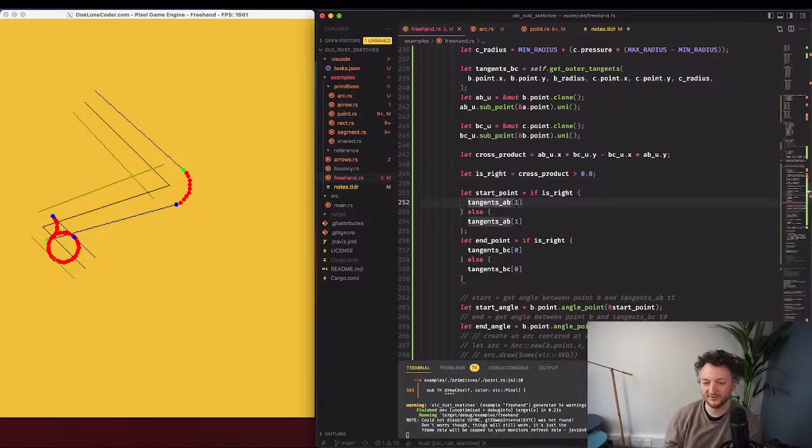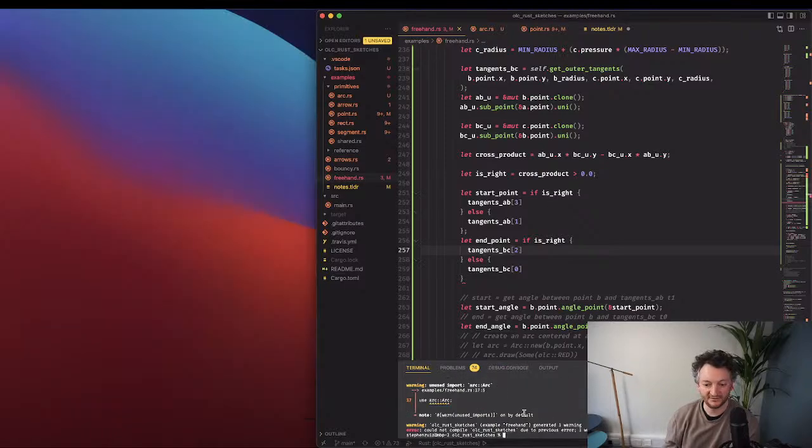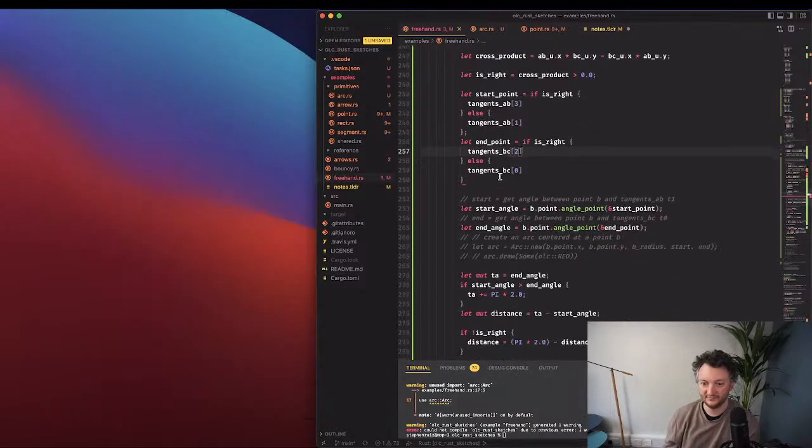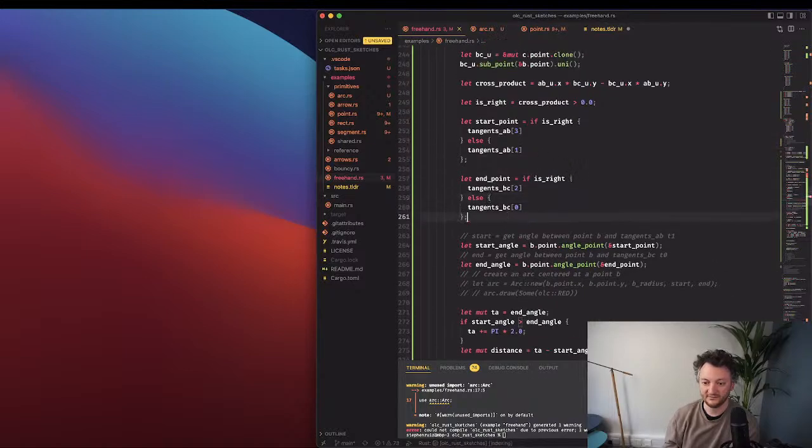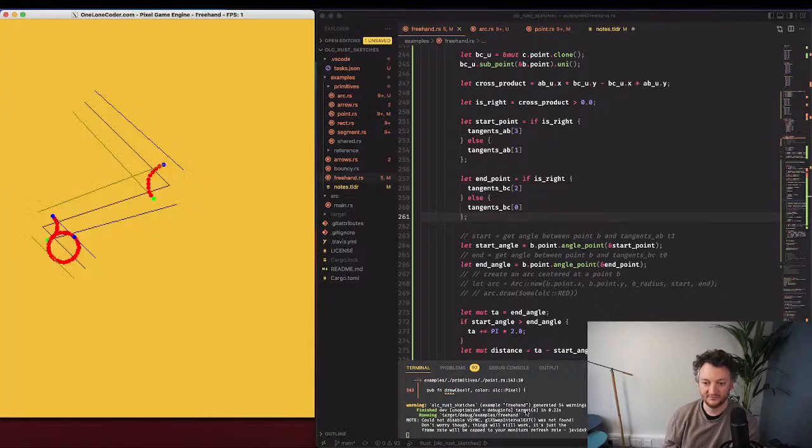Otherwise, it is going to be AB3. It's going to go to 2. Otherwise, it's going to be like that. Yes. Or maybe I have it exactly wrong.